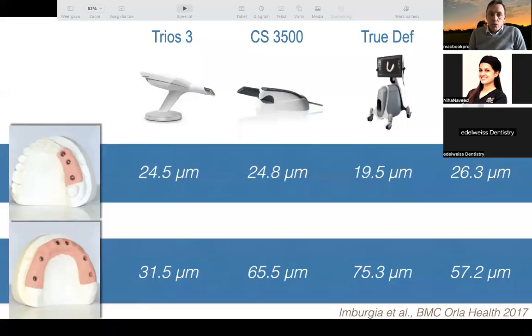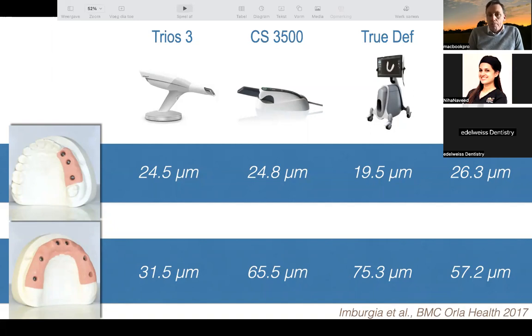There's a big issue in comparing full arch restorations and partial arch restorations, and that's what you see here in this investigation, which was done in 2017. If we take a few scanners at that moment, most scanners for partial or solitary restorations are in the same line and do very well.